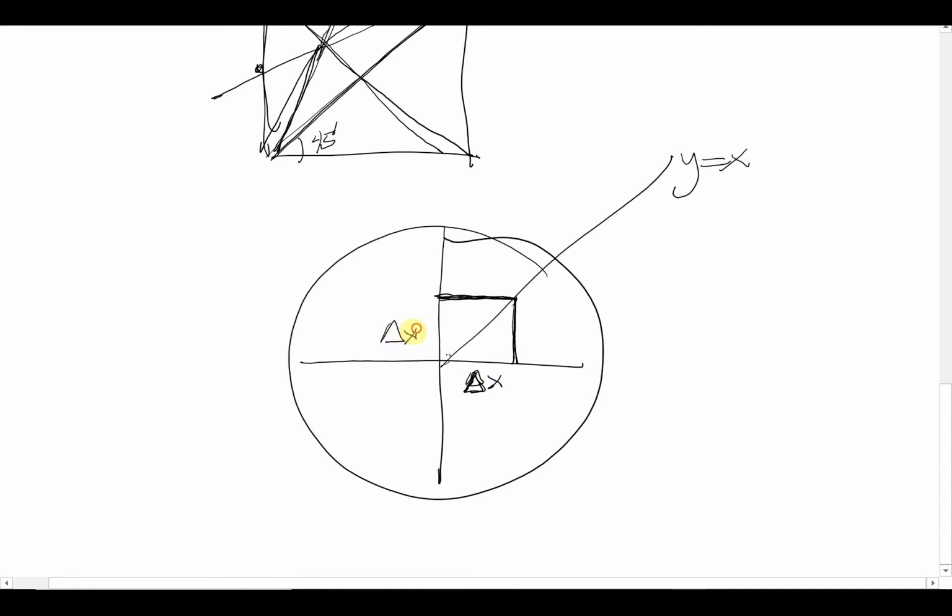Well, this is delta x, or really it's delta y. Actually, we call it delta y. We have delta y is delta x due to symmetry.